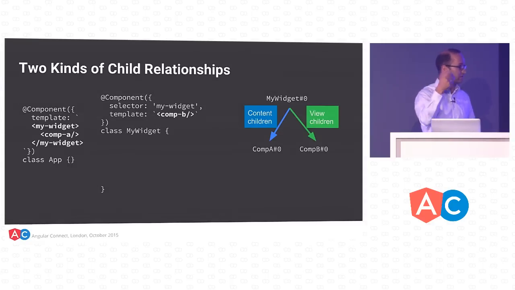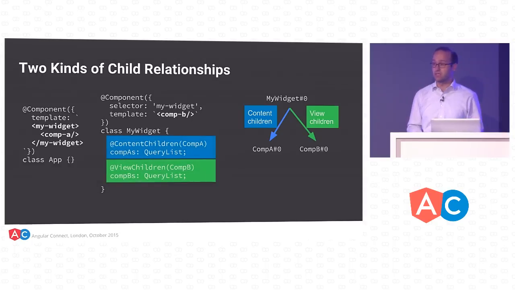So it's a child that lives in the view of the component. That's why we call it a view child. And then we actually have 2 annotations. We've got ContentChildren, with which you would get the instances that a user of your component would place as children. And we have ViewChildren. These are the children you placed inside of your template yourself. So that's the different names, ContentChildren, ViewChildren.